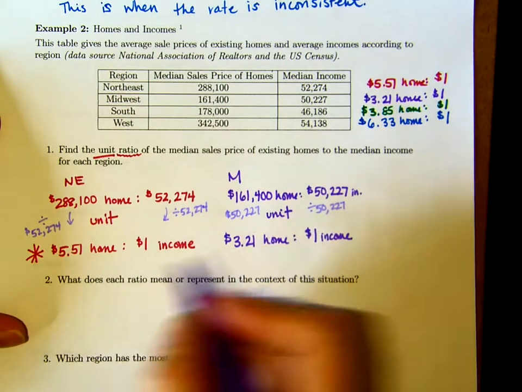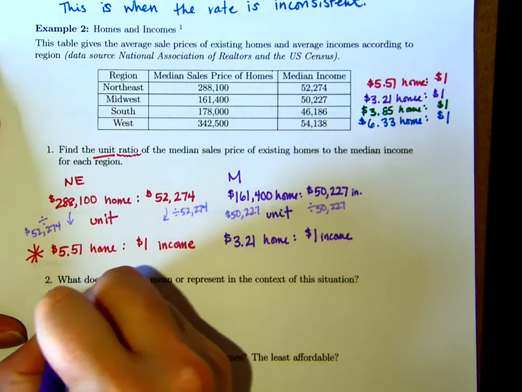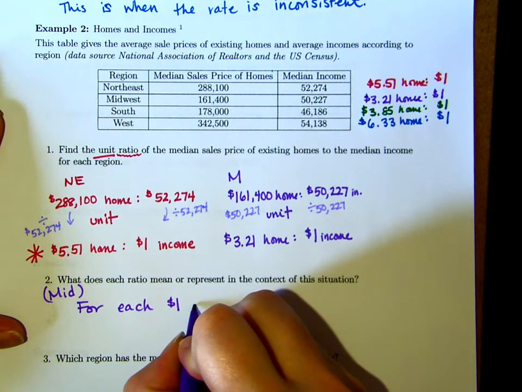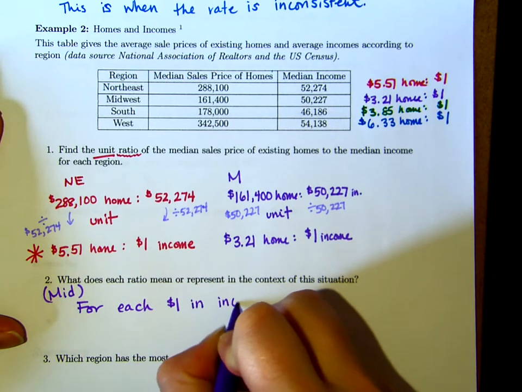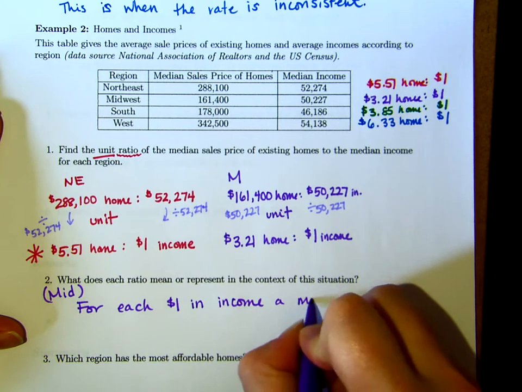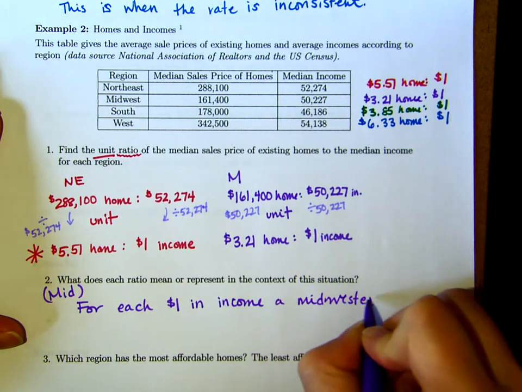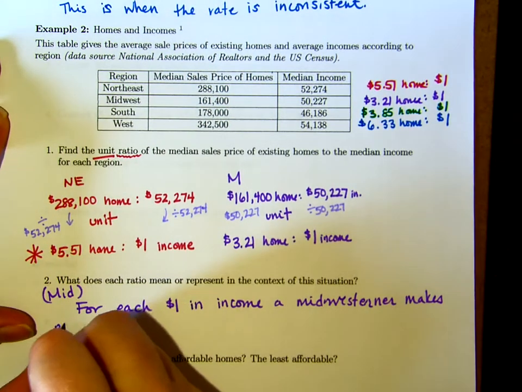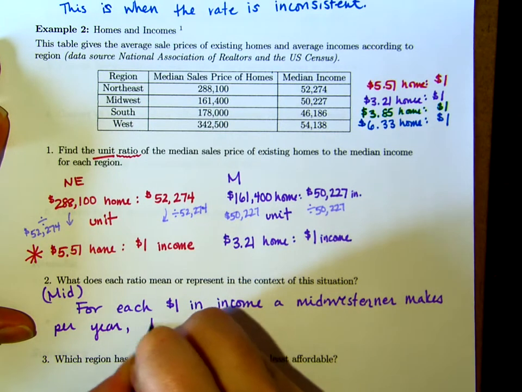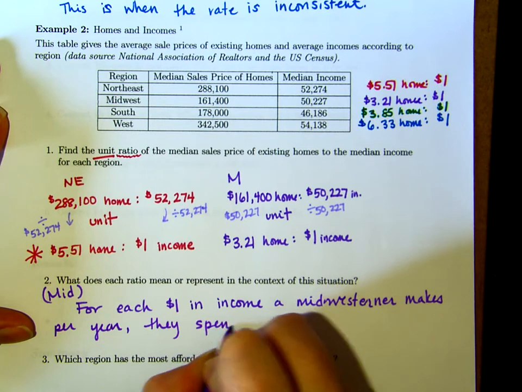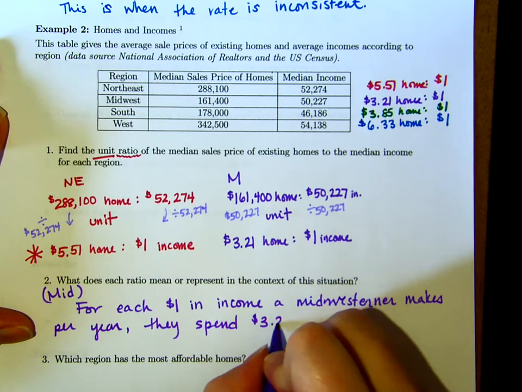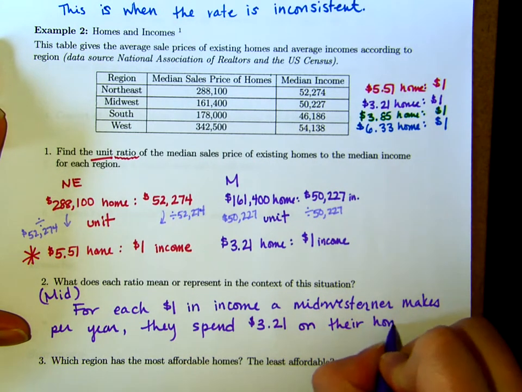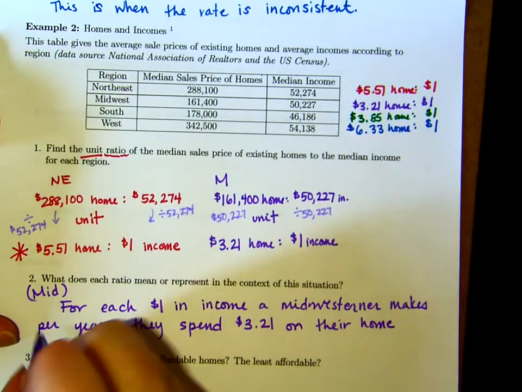For each $1 in income a Midwestern makes per year, they spend $3.21 on their home on average.